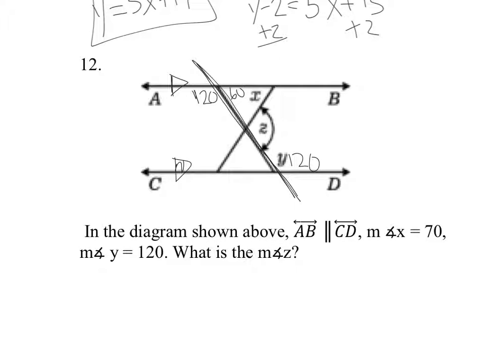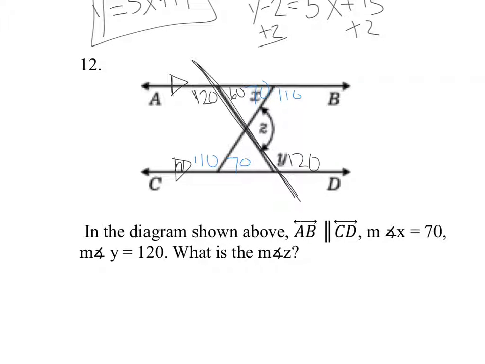Those are alternate interior. This would also technically be consecutive interior, so you get a 60 there. And with the x being 70, same kind of thing: this is a 70 down here in this corner, and next to it, that would make a 110 over here.